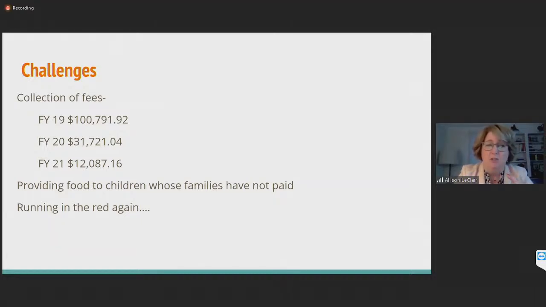Then it goes to the business office at central office. Dale and her staff try to collect funds from people. We send letters. They make phone calls.